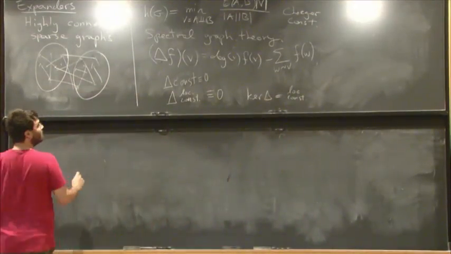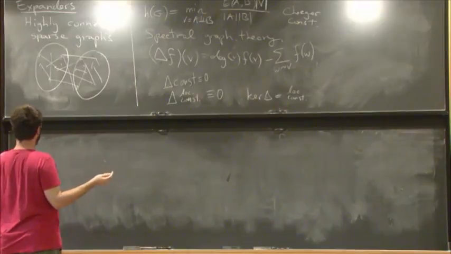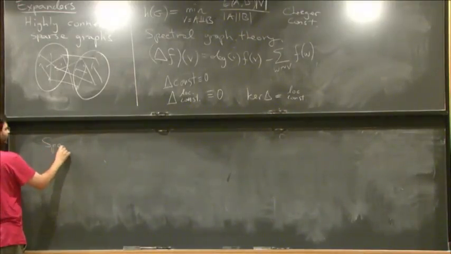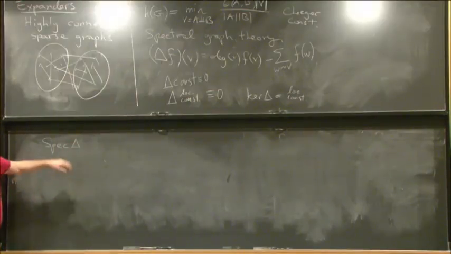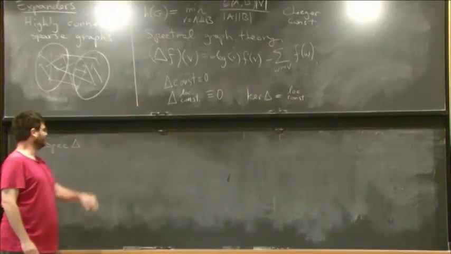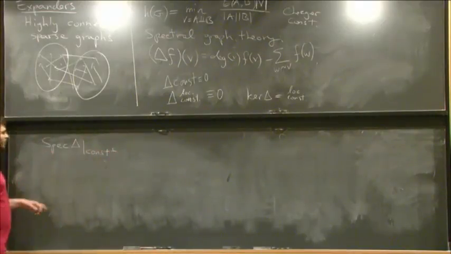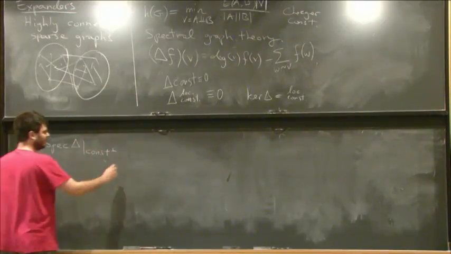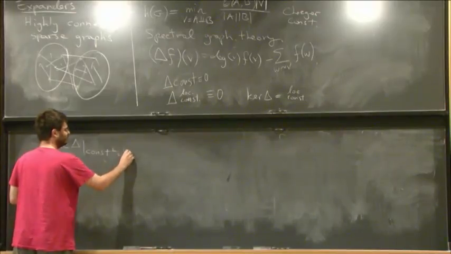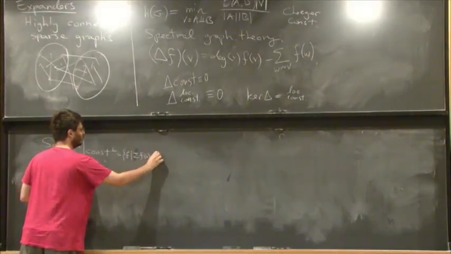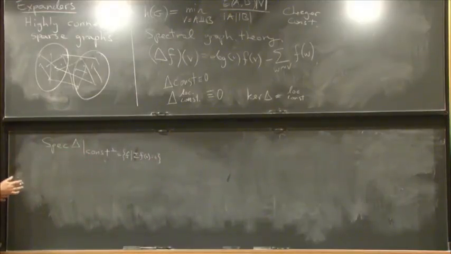And we're interested in the spectrum of the Laplacian, but as we said, the constants are not very interesting. So we look at the orthogonal complement of the constants, and this is the functions which sum to 0. So this is the interesting spectrum.